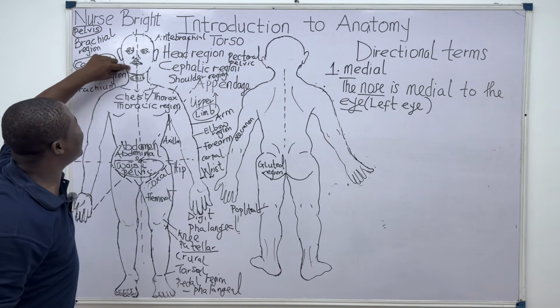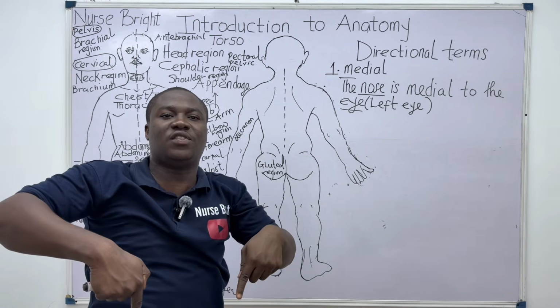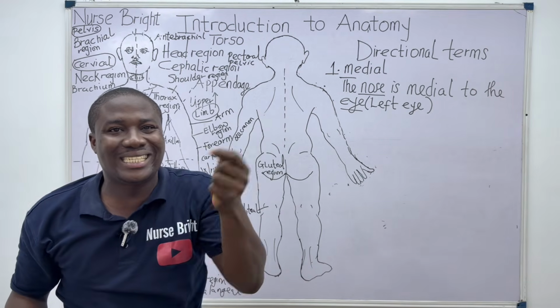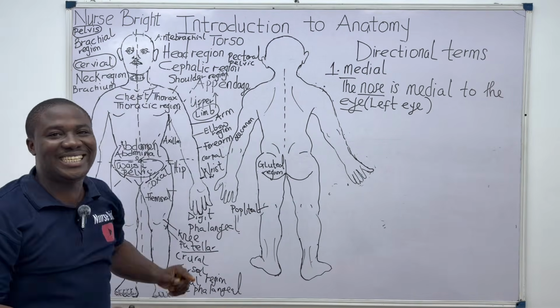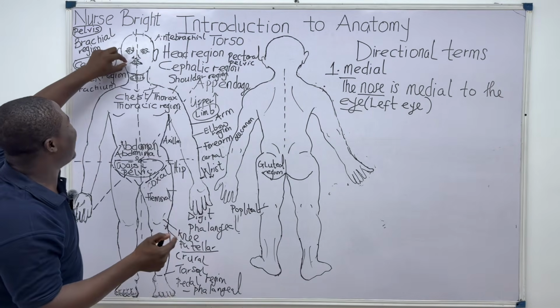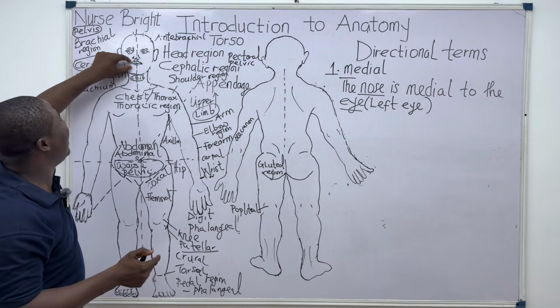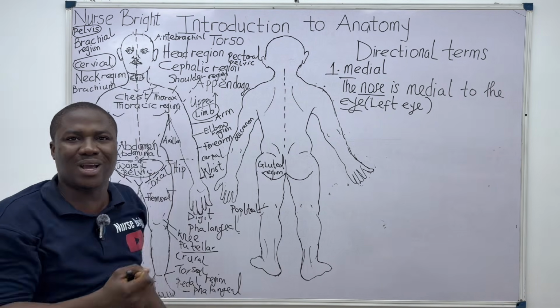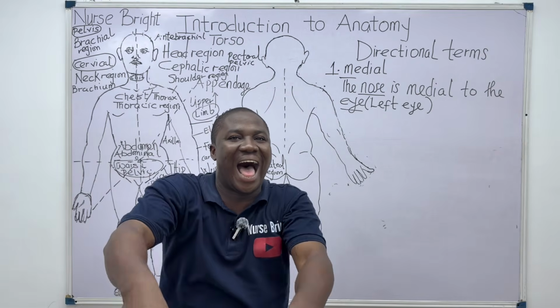The mouth is closer to the center of the individual, closer to the midline. Then saying that the cheek is medial to the mouth is wrong. Do you understand? Hence, the mouth of this individual is medial to the cheek, because it's closer to the midline than the cheek.